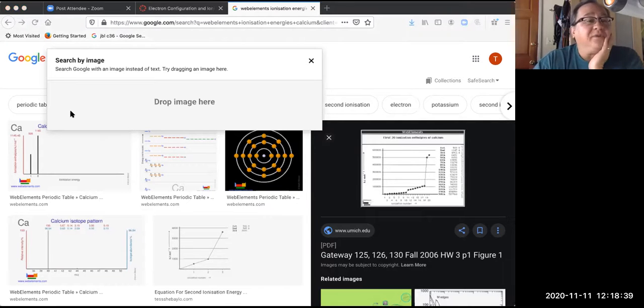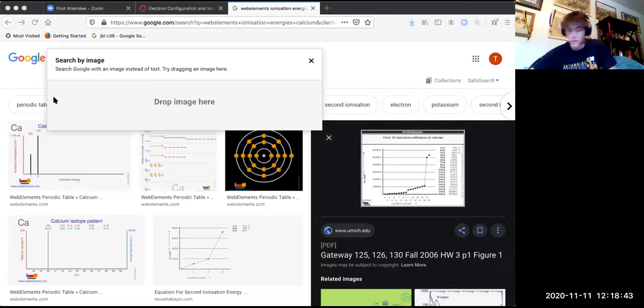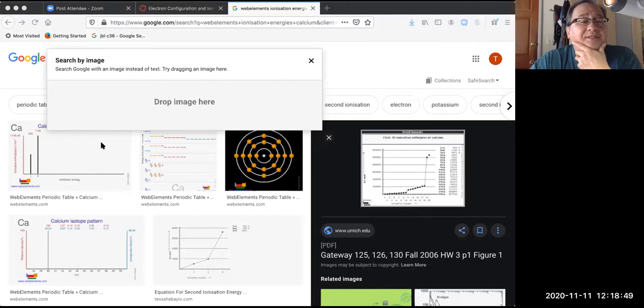Find the file and I'll open it for you. All right. I'll change my share in just a moment. So this is labs. This is ionization energy. And here is calcium.